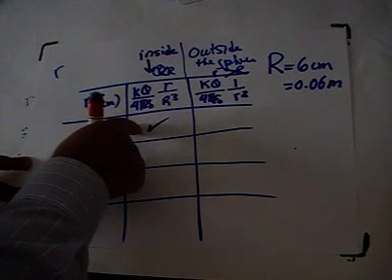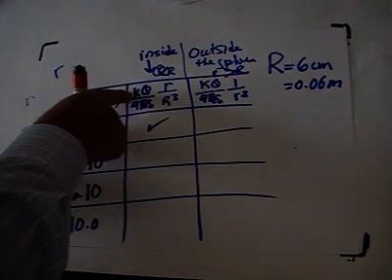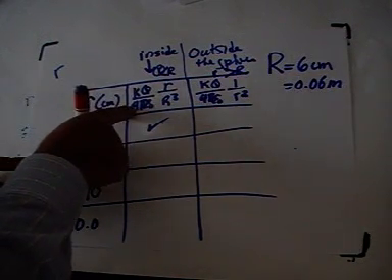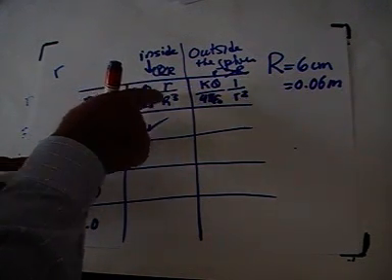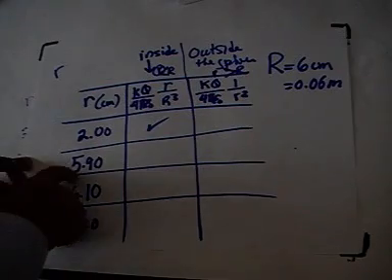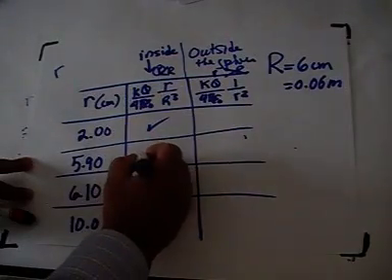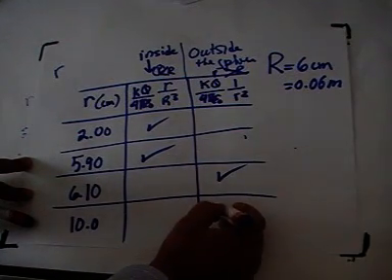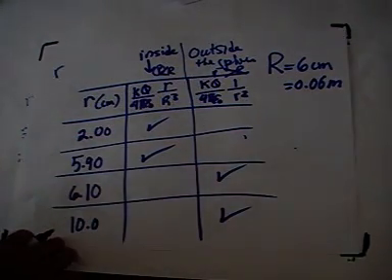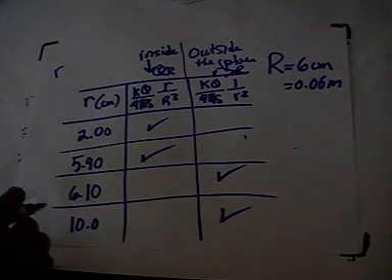For the first one, you have to apply this equation, where the electric field is equal to kQ, divided by 4 pi epsilon, and then r over R cubed. The second one, 5.9, again, is less than 6, so you have to apply this. For the third one, you have to apply this, and for the fourth one, you have to apply this. I think that's just straightforward.